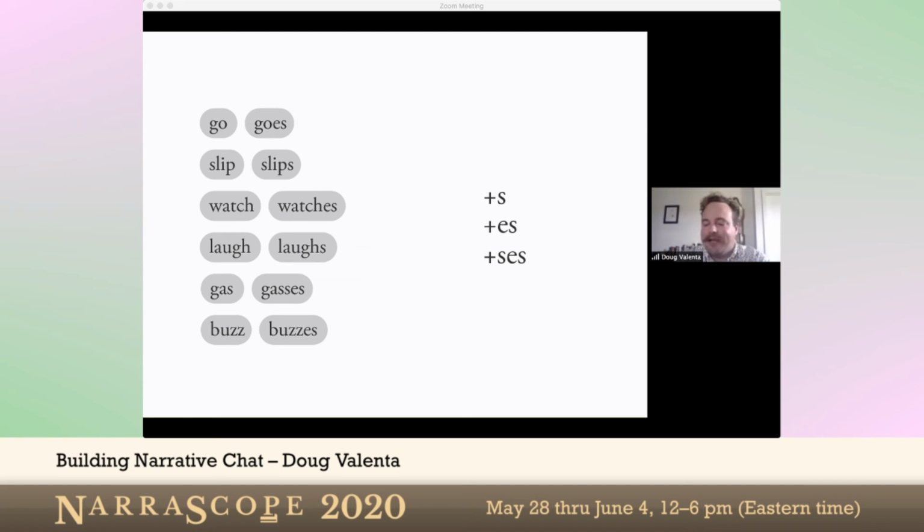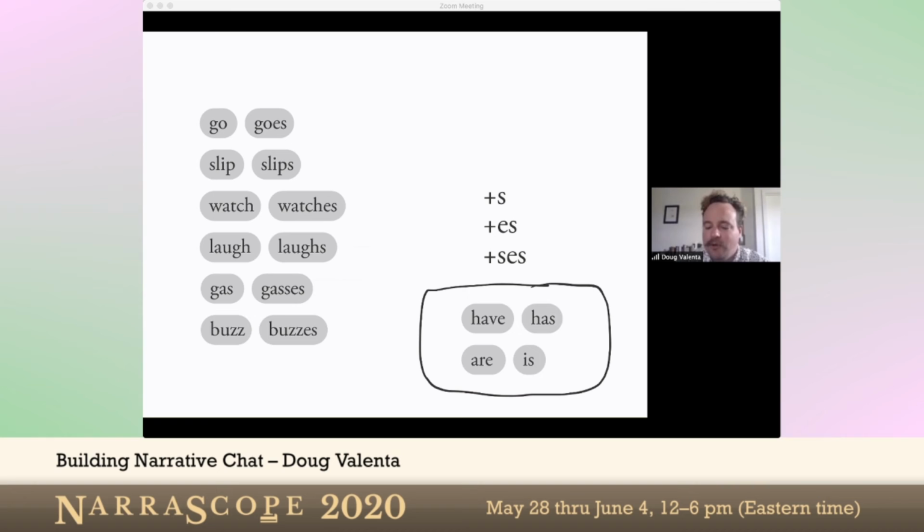They're not perfectly regular. It's not just add the character S to the end, but we're always adding S, ES, or SES, and this ends up being relatively simple to put together and to test code that handles this. There are 2 verbs in English that are not regular in the S form. You hard code them.